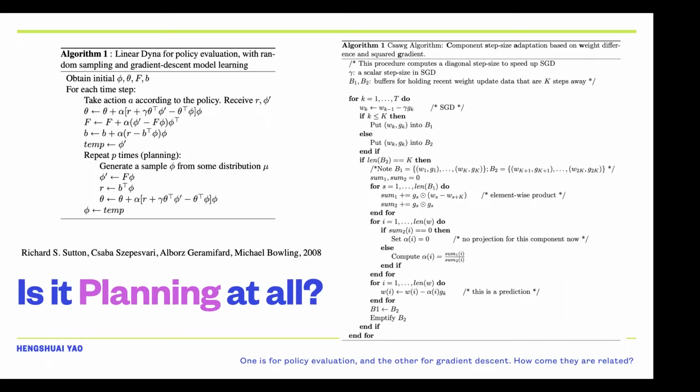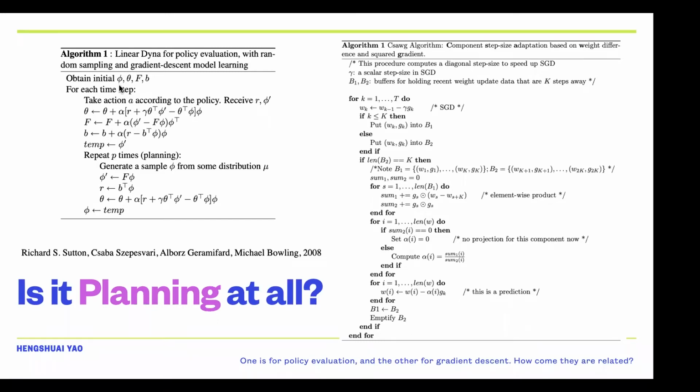First, let's take a look at linear Dyna. Linear Dyna assumes a linear function approximation of the value function. So basically, there's a feature mapping phi that maps the current state to a feature vector.